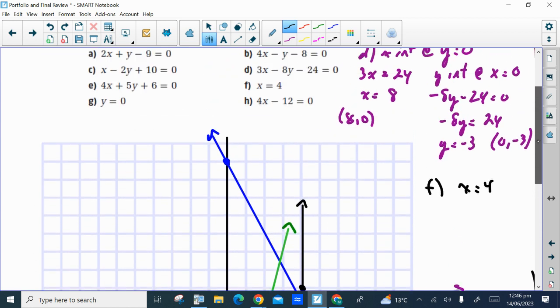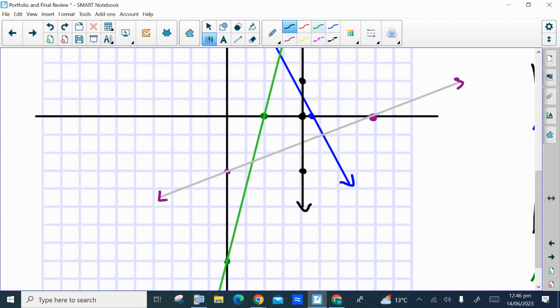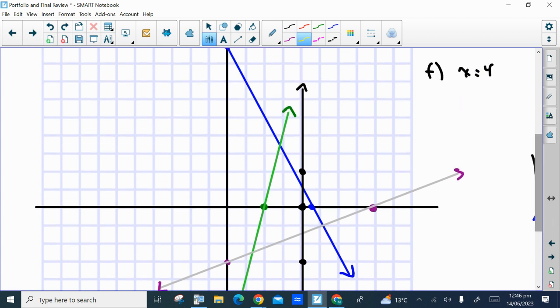Now, line G says that y equals 0. So that means that x can change, but y is always 0. When x is 1, y is 0. When x is 3, y is 0. When x is negative 2, Brooklyn, what does y equal?